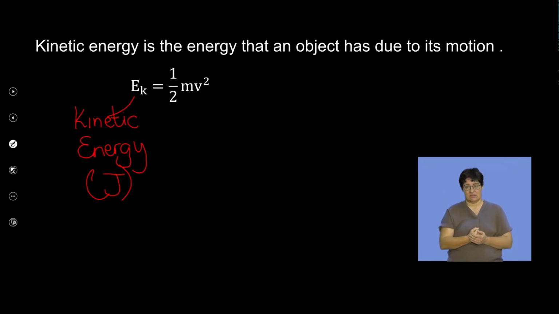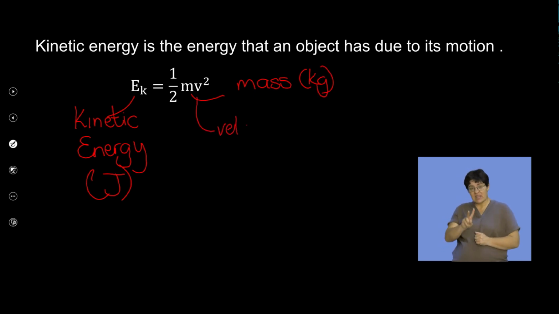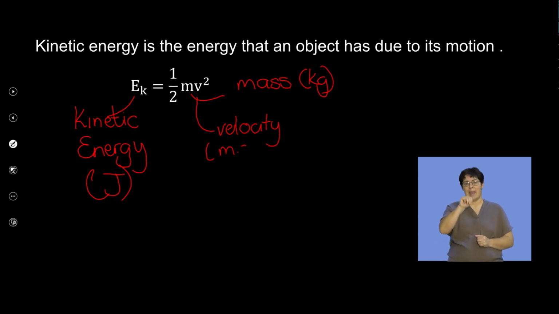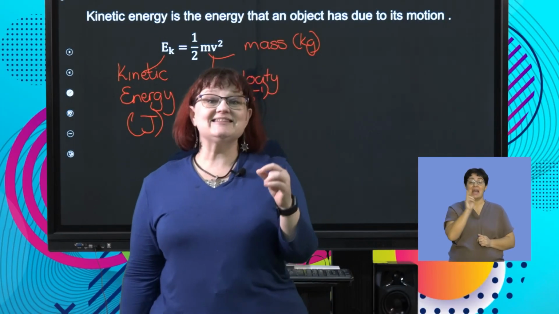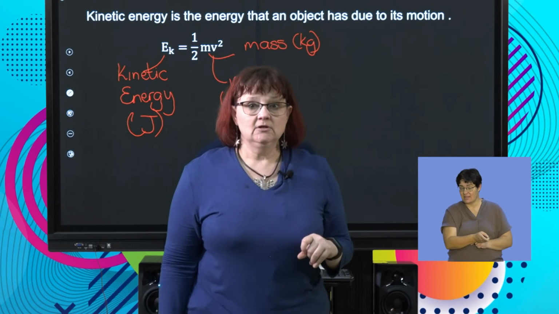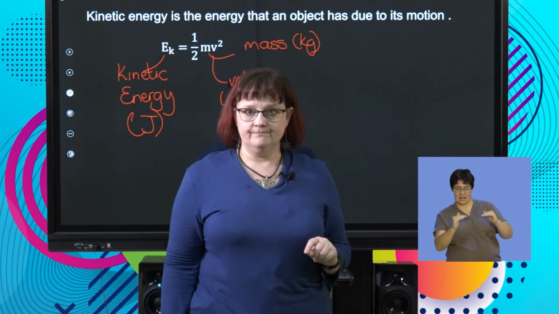Half is a half, it's the value. M is mass, which is measured in kilograms, and V is velocity, which is in meters per second. What we need to remember is kinetic energy is a scalar, it has no direction.